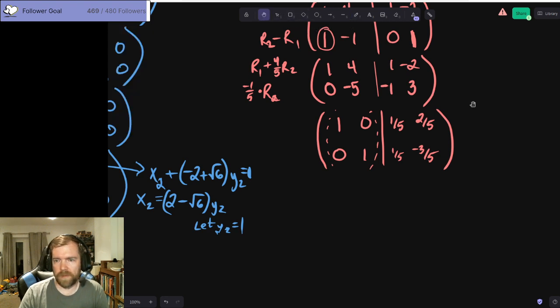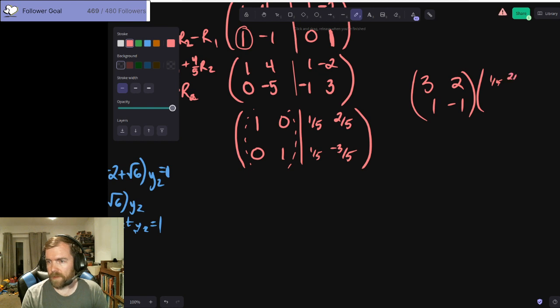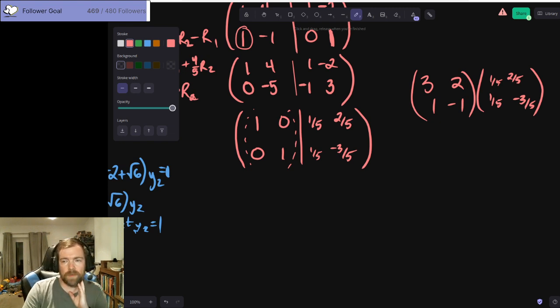All right, so that should be it. We could double check by doing 3, 2, 1, -1, multiplied by 1/5, 2/5, 1/5, -3/5. Unless I messed up somehow, which is always possible. First row, first column is going to be a 3/5 plus a 2/5. So that's a 1.